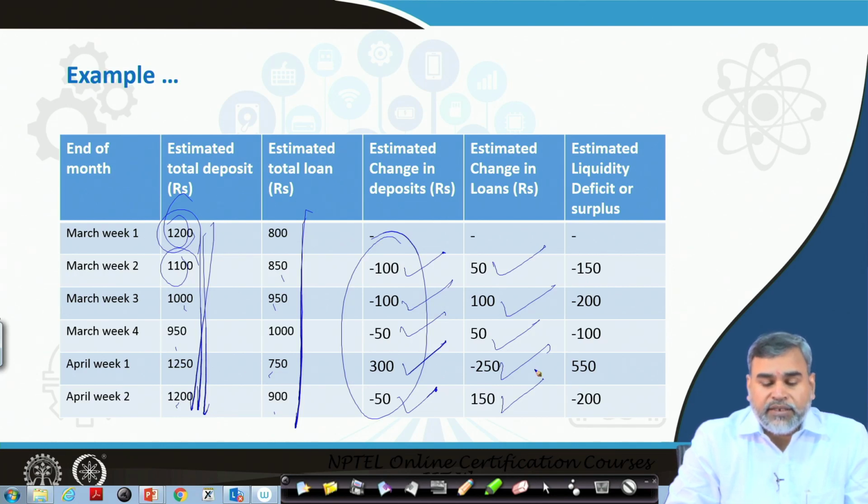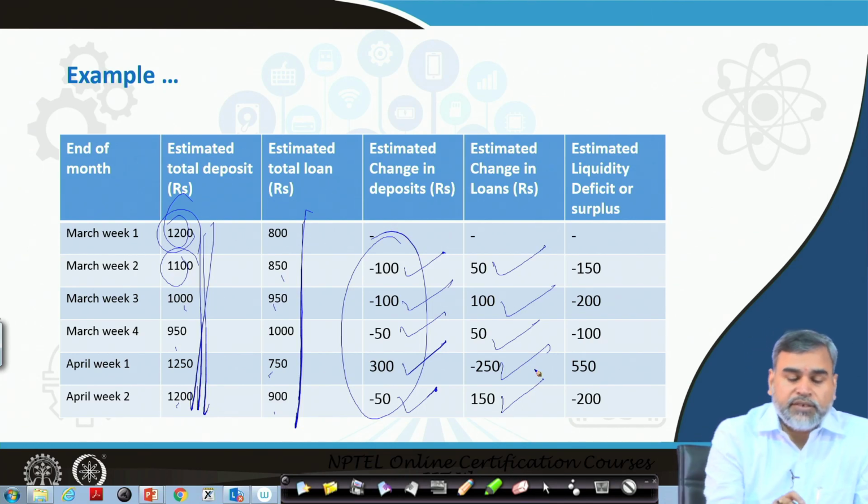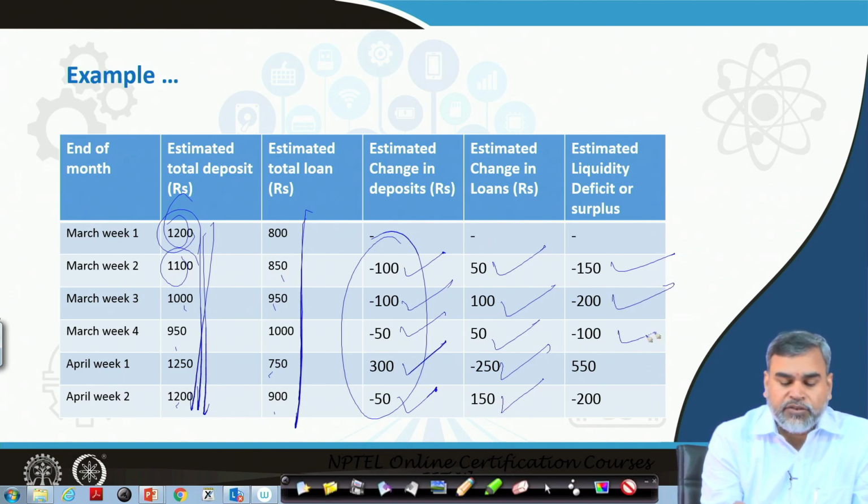After you get this, you can find out your estimated liquidity deficit or surplus. So, what is the estimated liquidity deficit or surplus? This is deposit minus loan: minus 100, minus 50, minus 150, minus 100, minus 100, minus 200, minus 50, minus 50, minus 100.